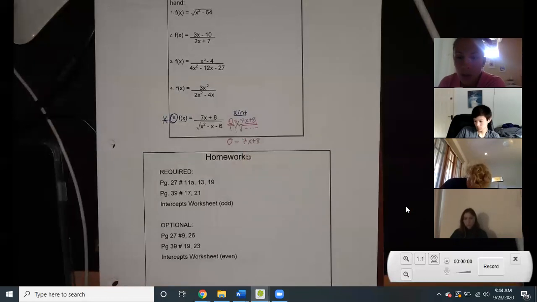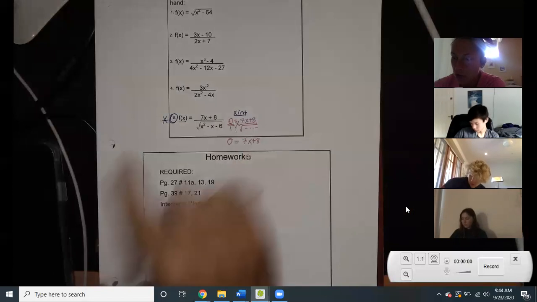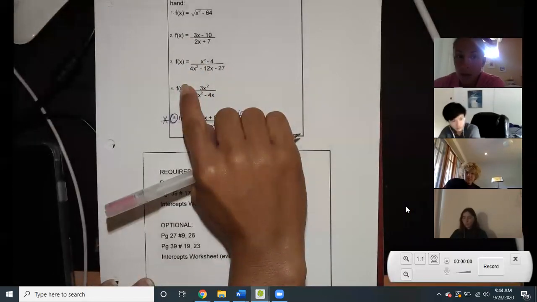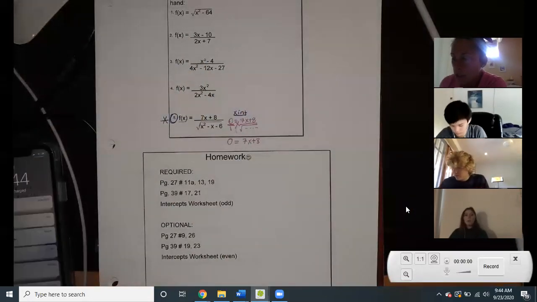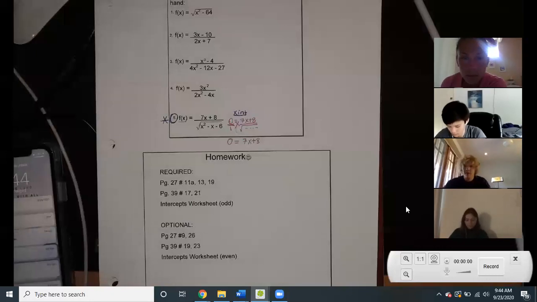So the shortcut is, when you set a fraction equal to 0, all you are really doing is setting the top equal to 0.